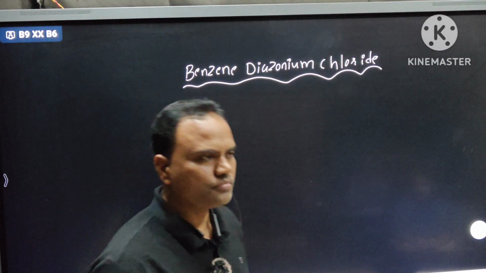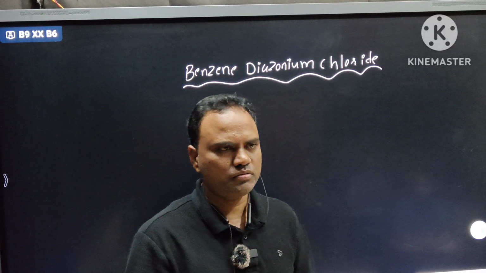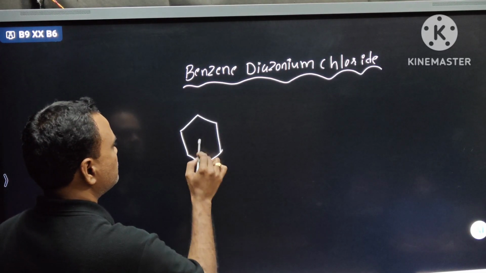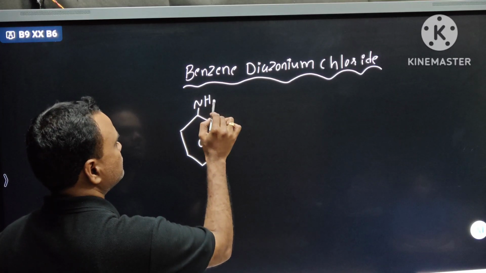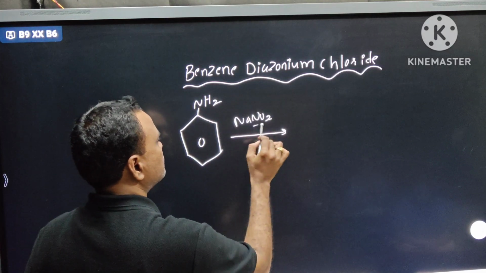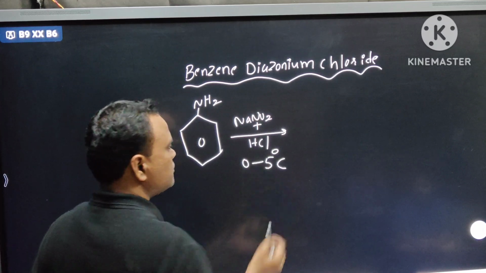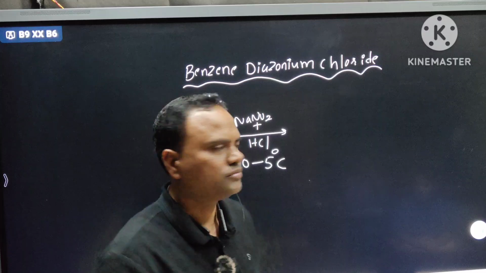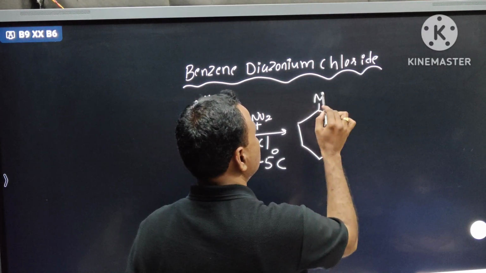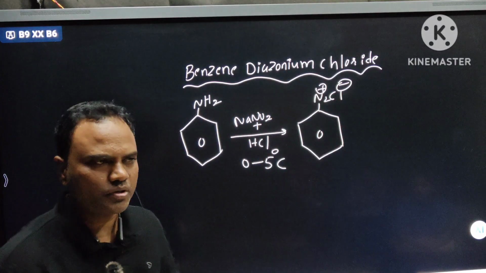From aniline, the chemical property: NaNO2 plus HCl at 0 to 5 degrees centigrade. Then we will get the benzene diazonium chloride. Benzene diazonium salt is formed.